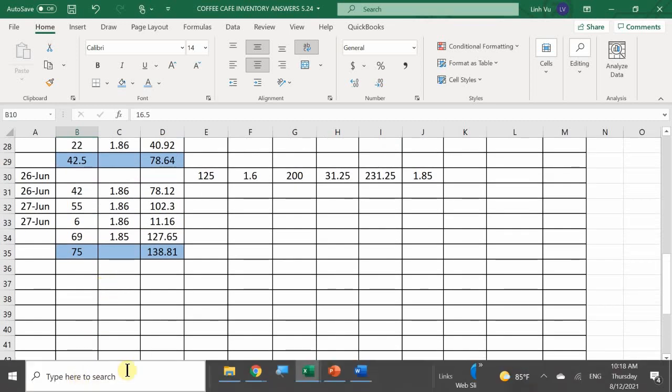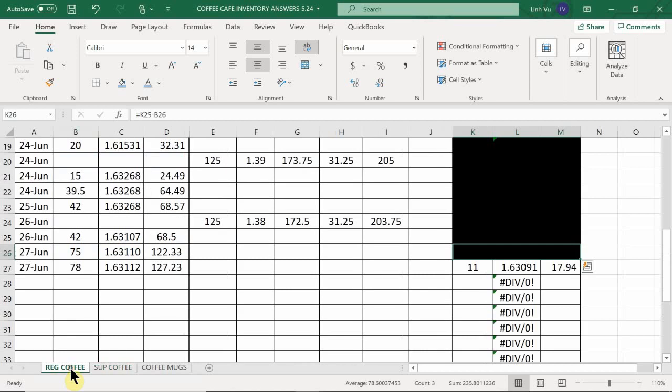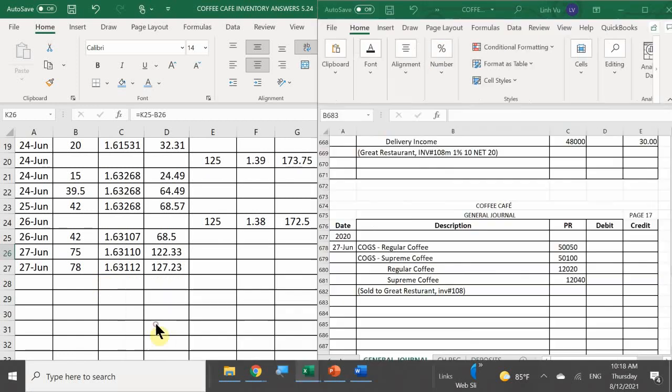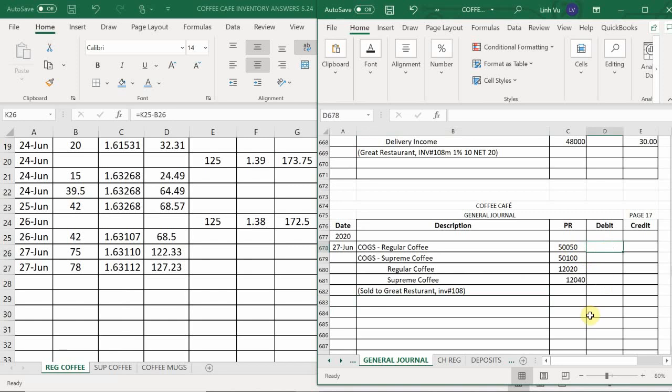So I have 138.81 for my Supreme, and then I have 127.23 for my regular. So I'm going to update my journal here once again. So to set for selling my regular coffee, it cost me $127.23.